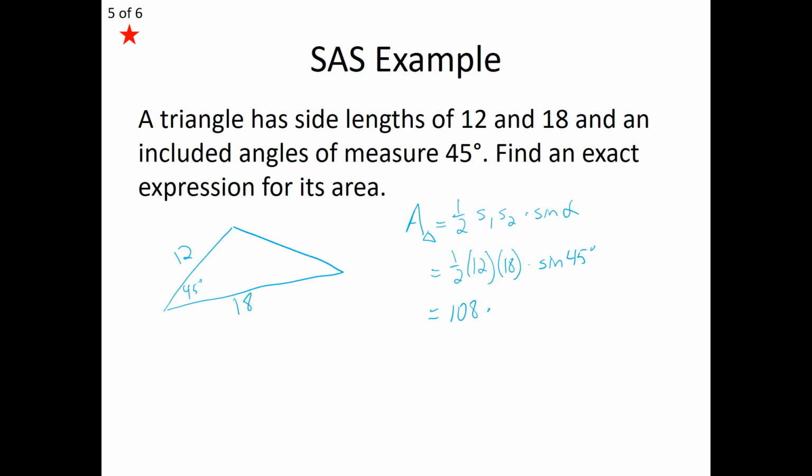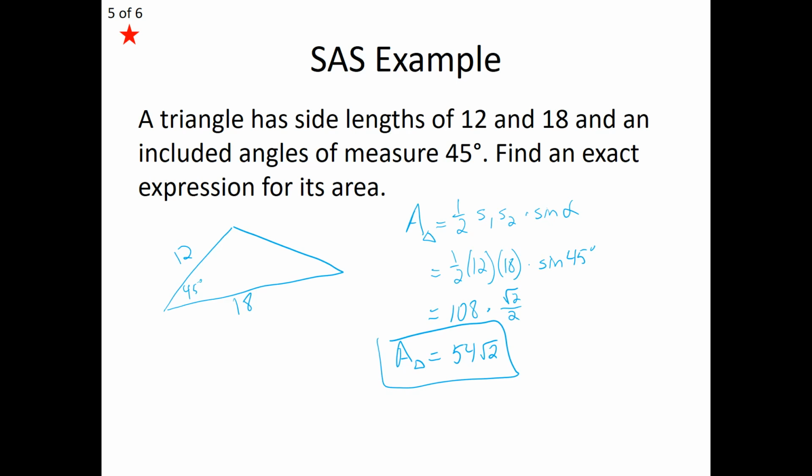If you have to look back in chapter 8, we got the ratio of root 2 over 2 as our sine of 45 degrees. So now we multiply 108 times root 2 over 2, which simply means divide that 108 by 2, and we end up with our final answer, 54 times the square root of 2. And there is the exact area of our triangle, the side angle side.